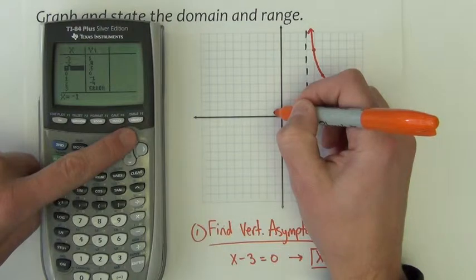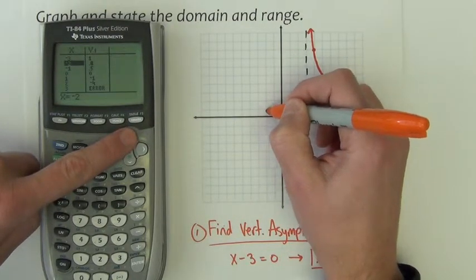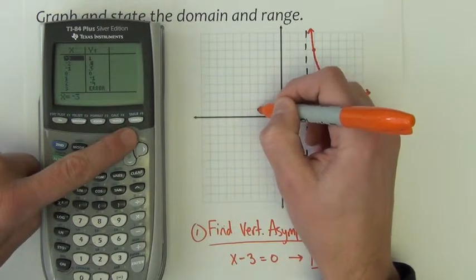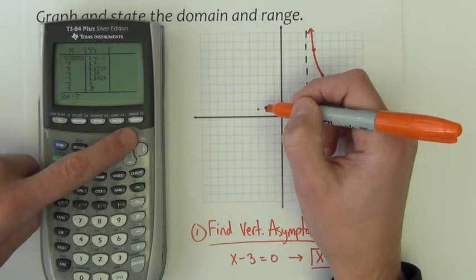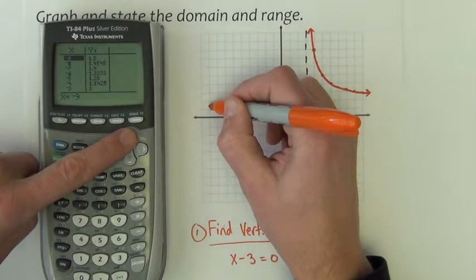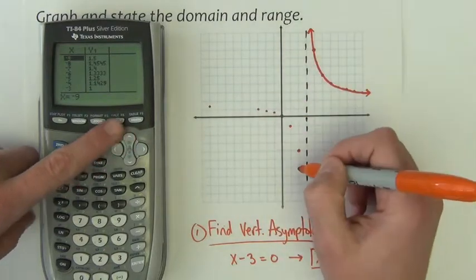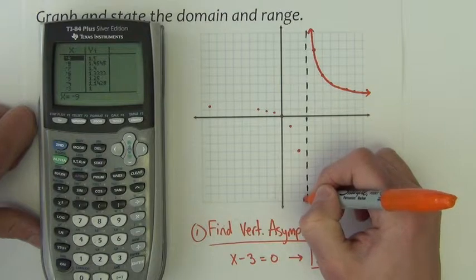Negative 1 is at a half. Negative 2 is at negative 0.8. Negative 3 is at negative 1. Let's see if there's another easy one to plot. Negative 9 is at negative 1.5. We can see the same thing: it's flattening out as we go to the left. So let's go ahead and connect those.